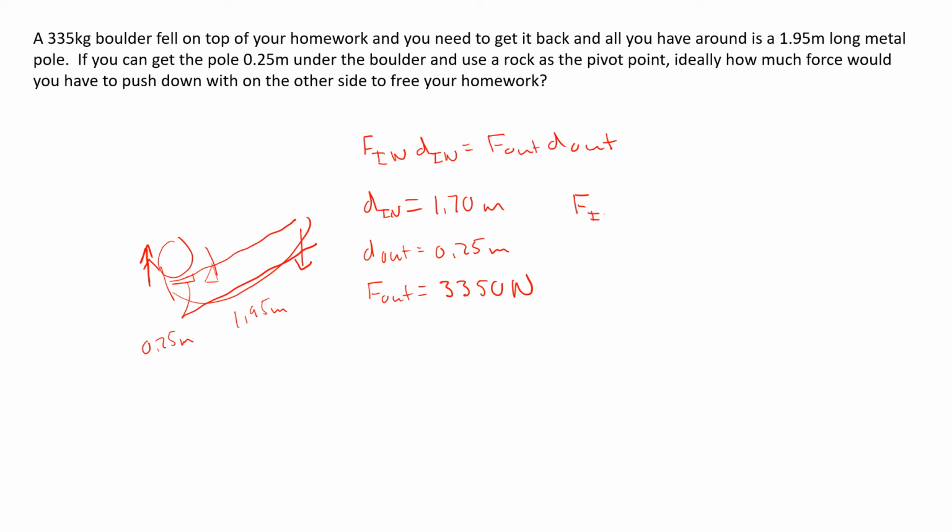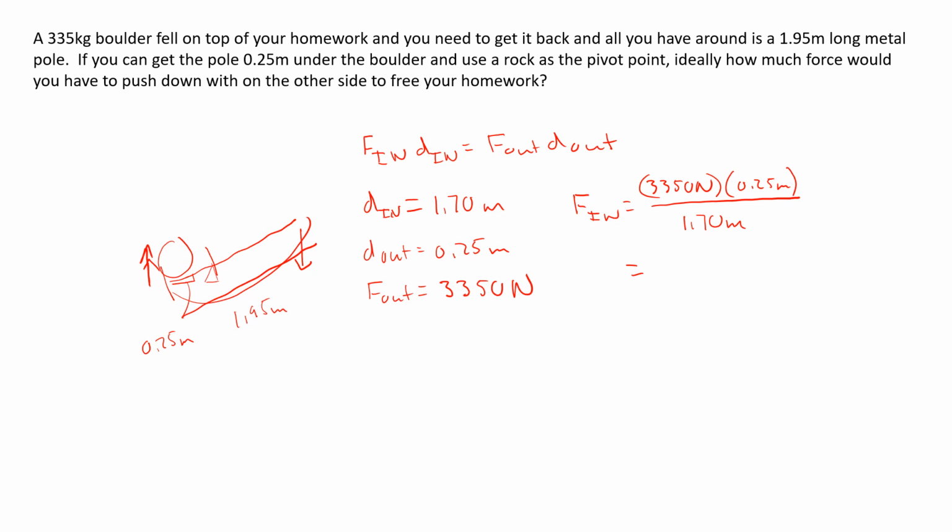So again, F in equals F out times d out, divided by d in. So the 3,350 newtons times the 0.25 meters, and divide that by the distance in, 1.70 meters, and that will help us find F in.